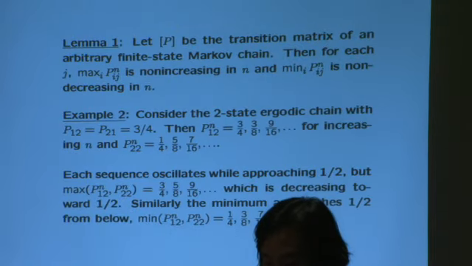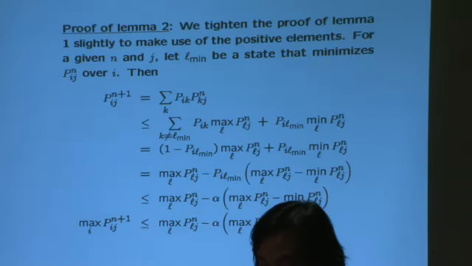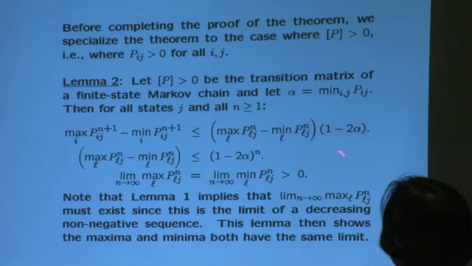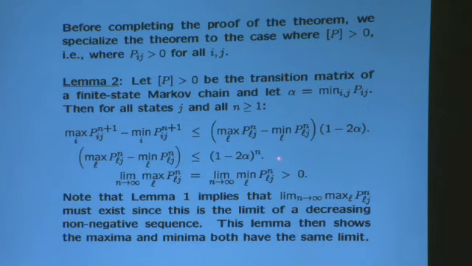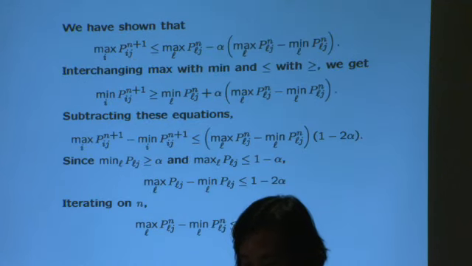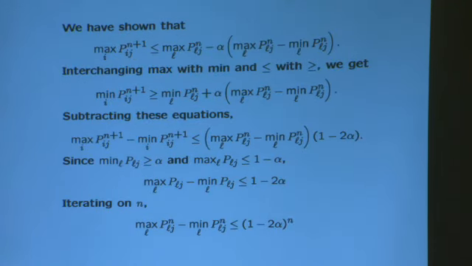The first line of the lemma was here. Now to prove the second line of the lemma, remember we're going to prove this by induction. But in order to prove this by induction, we need the first initial step. So the initial step is this.